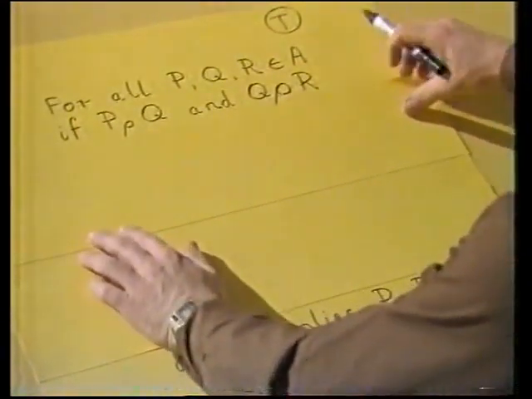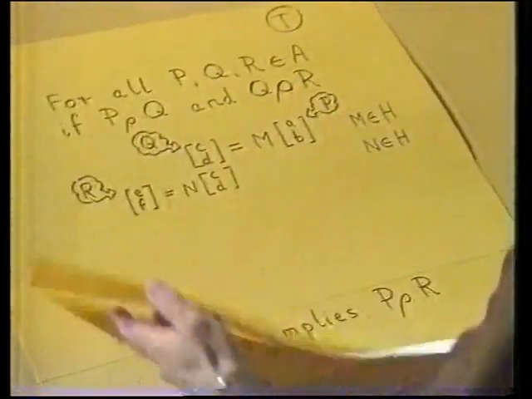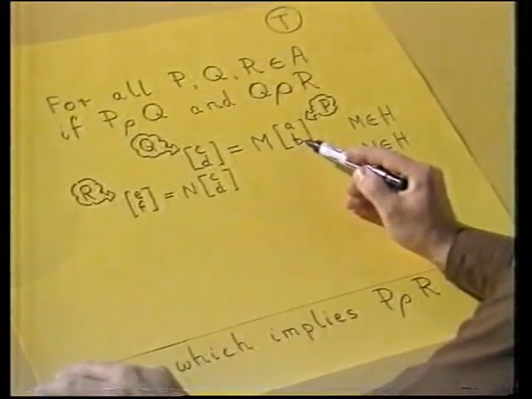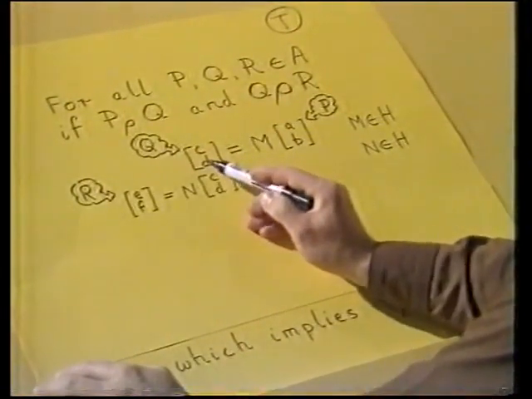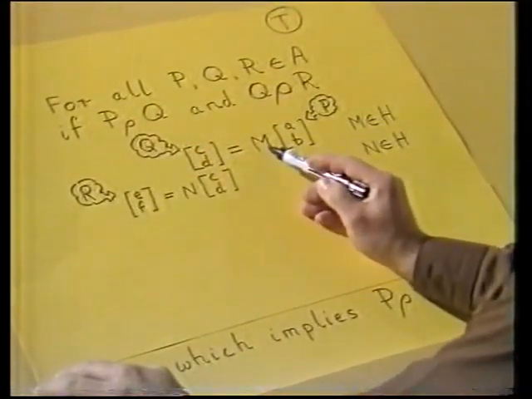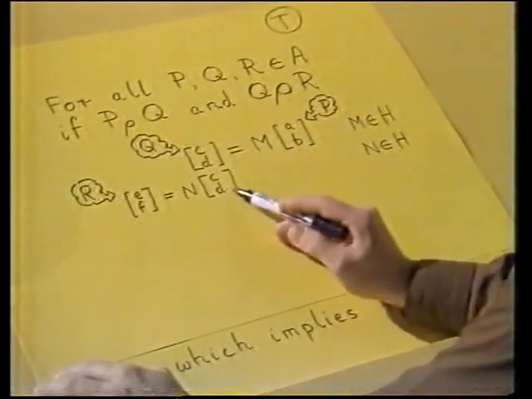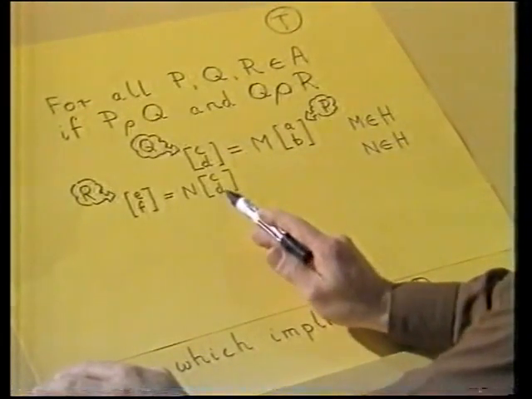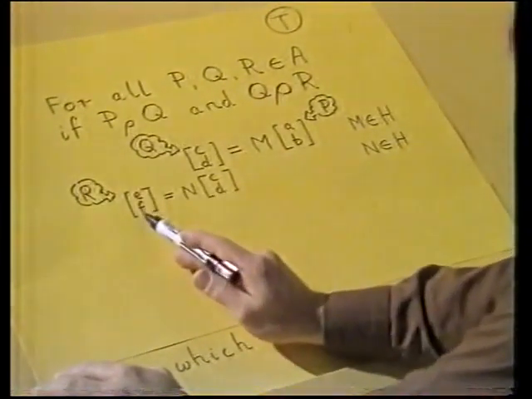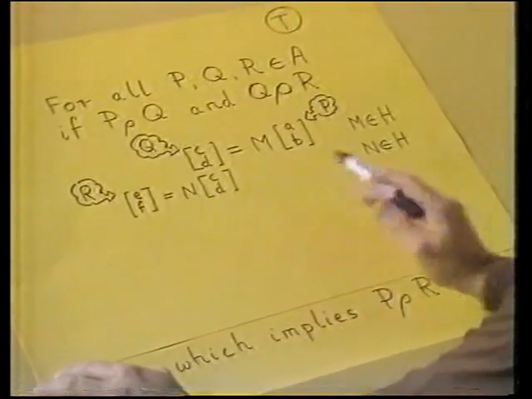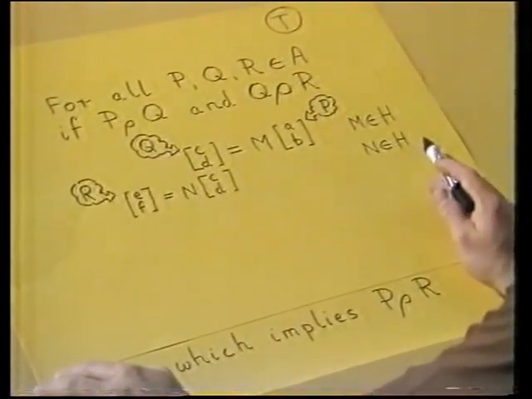Now that tells me, first of all, that I can get from the coordinates of P to the coordinates of Q by multiplying by a matrix which I've called M, which is in our set H. And it also tells me that I can get from the coordinates of Q to the coordinates of R by multiplying by another matrix, N say, which is also in our set H.